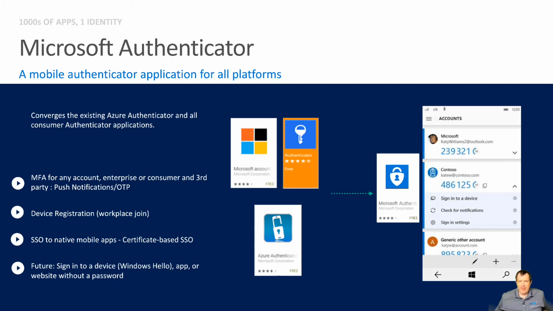This is what backs multi-factor authentication in Azure, and you can do device registration with it, and it'll tie into Windows Hello, that potentially passwordless authentication, which is kind of awesome. It now uses Face ID on my phone, so a very secure solution for multiple ways of authenticating.